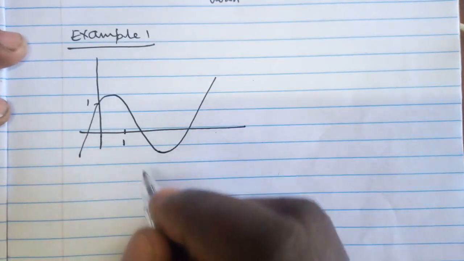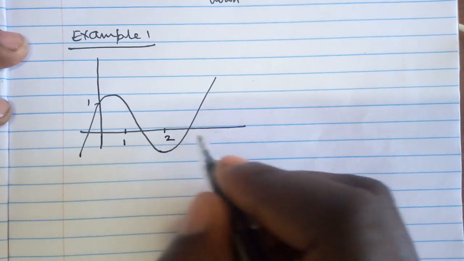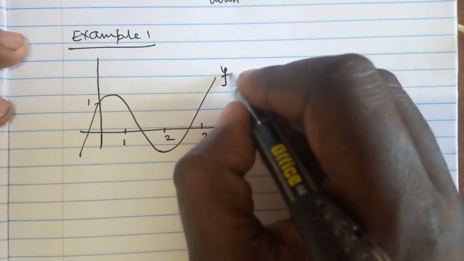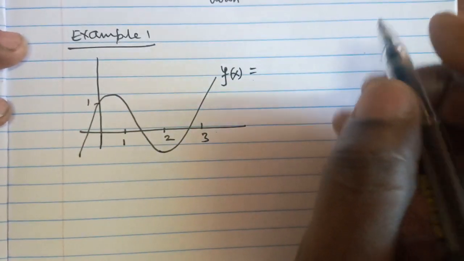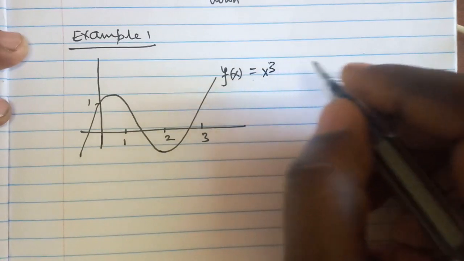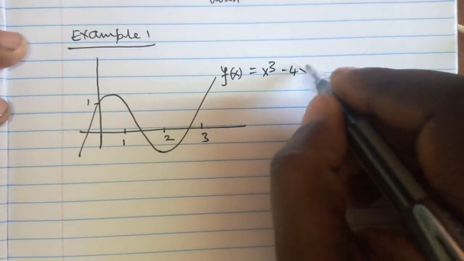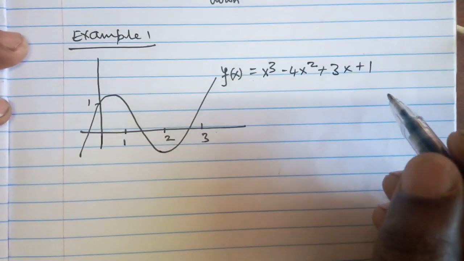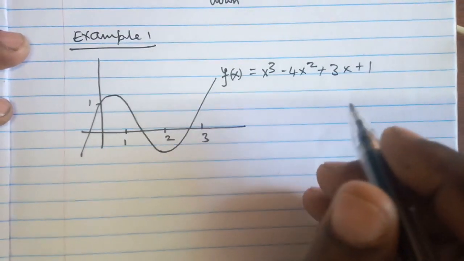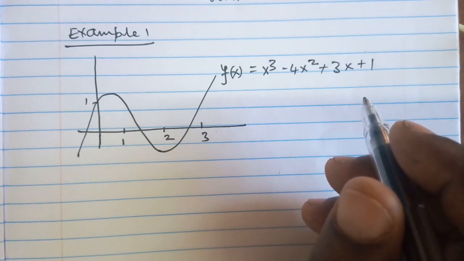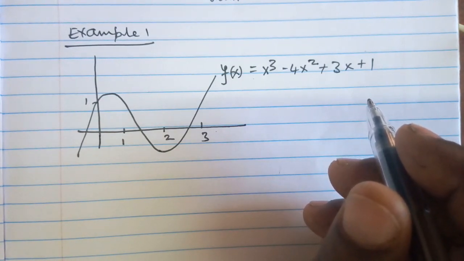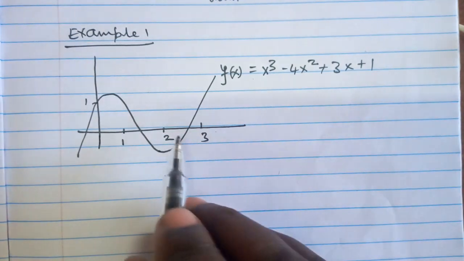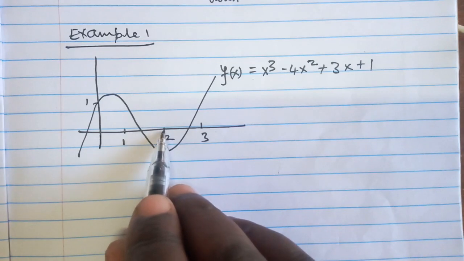We have 1 here on the x-axis, a 2 there, and a 3 there, and f(x) is equal to x cubed minus 4x squared plus 3x plus 1. It's a cubic function. We are told to explain how the graph shows that f(x) has a root between 2 and 3.